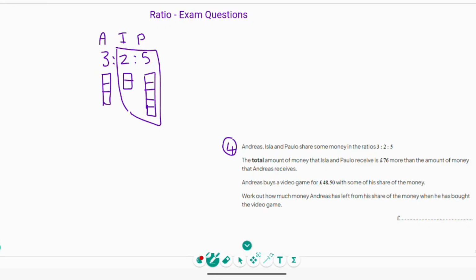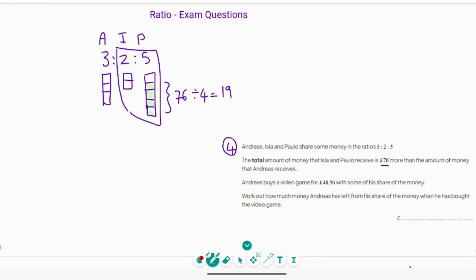How many more boxes do they have? Well, they've got 7 in total, and Andreas has 3. So can you see they've got 4 more boxes in total? And the amount is £76 more. So what's 76 divided by 4? 19.